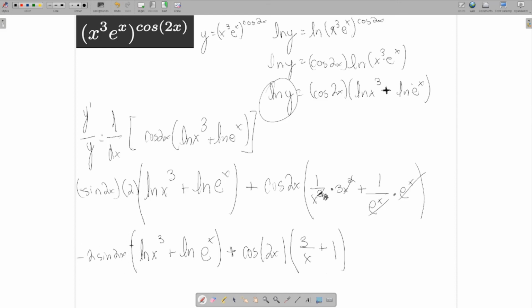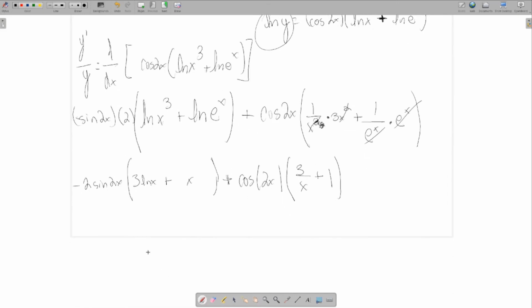And honestly, let's simplify this inner natural log. For this part, we'll get 3 natural log of x. And for this, we'll actually just get x. Whew, and that's this part. And now we just have a pretty simple part left.